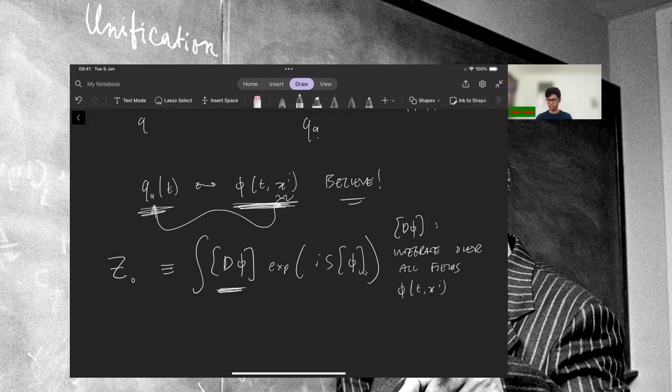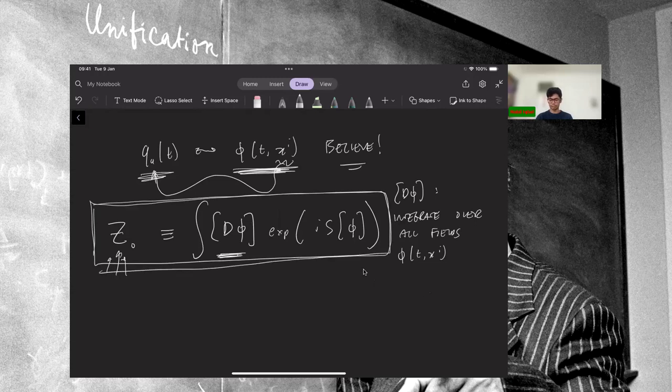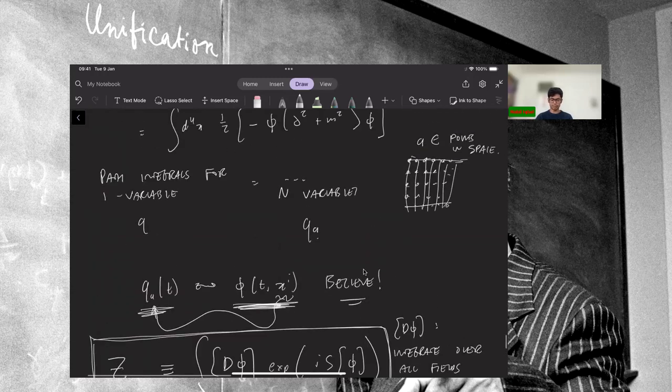Before they depended only on time, now they depend on both time and space. I'm going to call this quantity Z naught, Z because it's basically like a partition function, and naught because it's a simple version of something that we're going to calculate in a second. This is how we do path integrals for quantum field theory. We use this formula, where S here is just the action of the quantum fields.